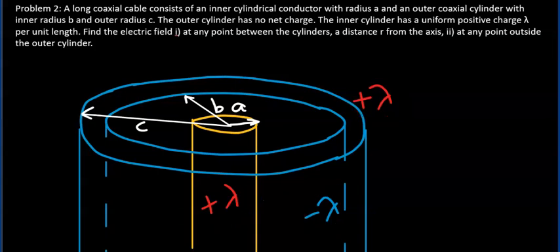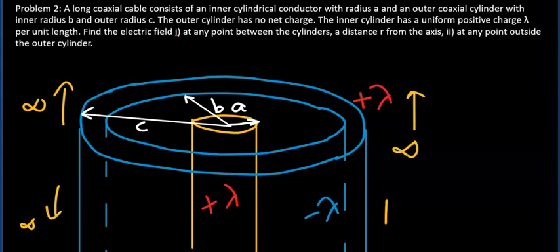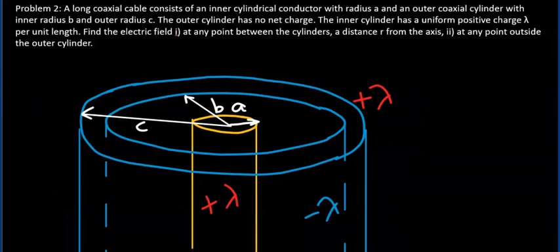It must be remembered this is a long coaxial cable, so the length goes up and down to infinity. Let's keep that in mind, although the drawing just shows a cross-sectional view of it. Let's sketch the Gaussian surface for part 1. The Gaussian surface is a long cylinder like that in the region between the two cylinders.